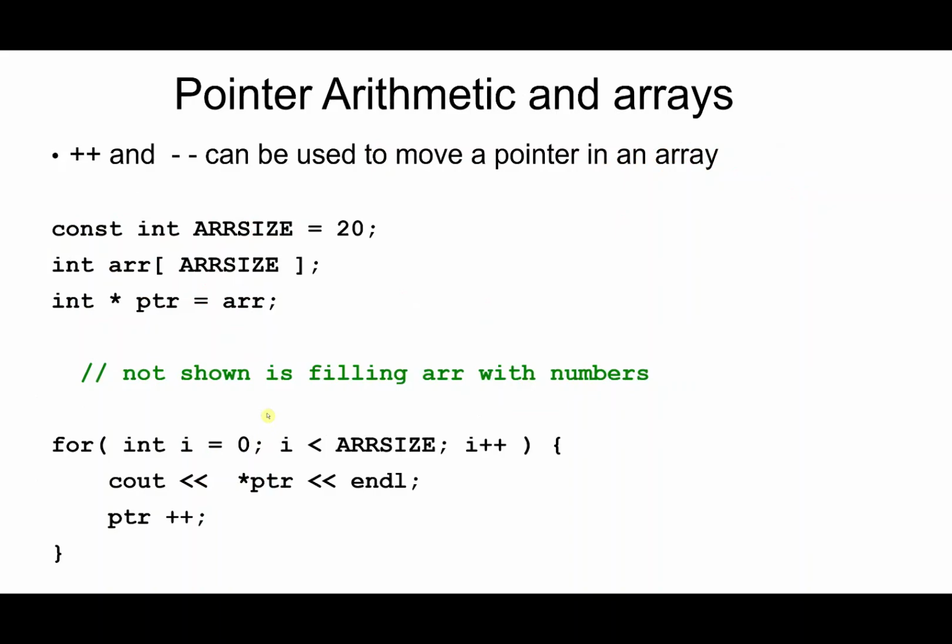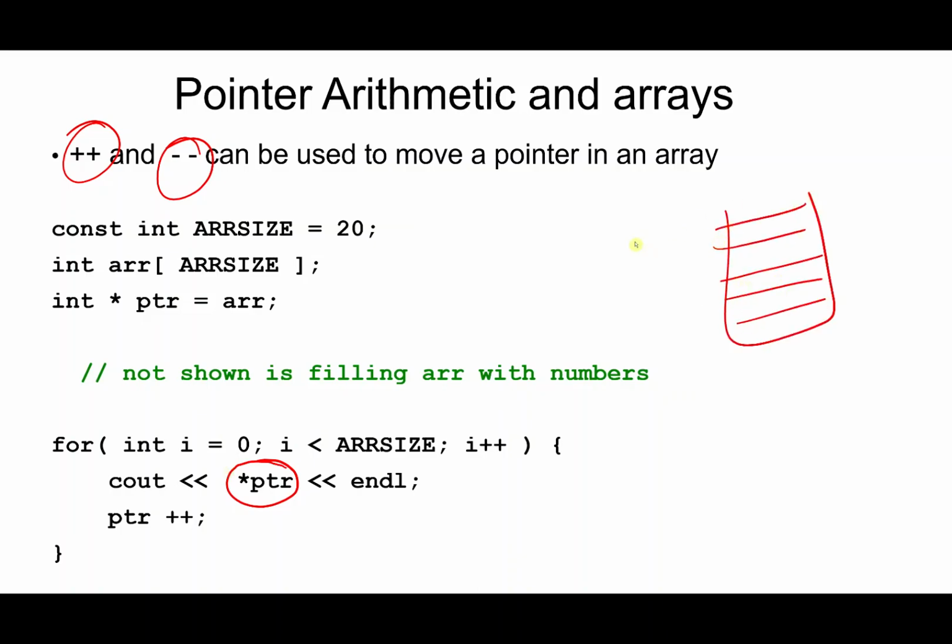Okay. I can also use arithmetic operations like plus plus and minus minus to move the pointer forward or backward. I dereference the pointer and print it. So I print where that pointer is pointing at. So array and ptr.